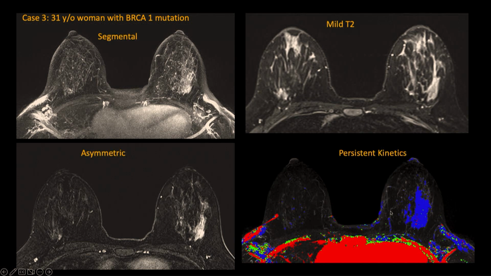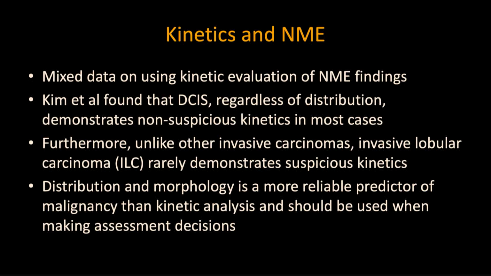So again, we have segmental NME, some mild T2 hyperintensity, but it does look asymmetric from the contralateral side. It has persistent kinetics. This underwent biopsy, and luckily for the patient was benign. It was PASH and usual ductal hyperplasia. However, I would still biopsy it, even in retrospect now that I know it's benign, given the fact that it's asymmetric and she is high risk with her BRCA1 mutation.